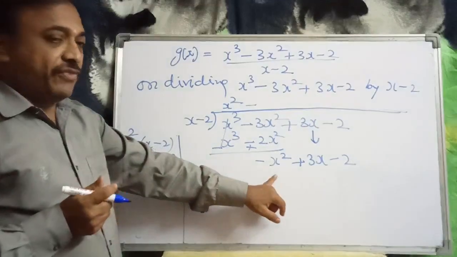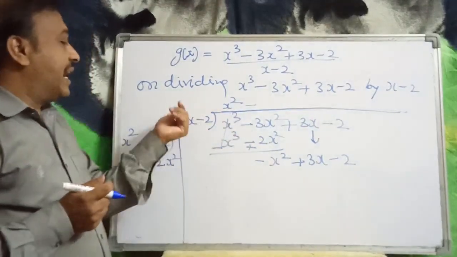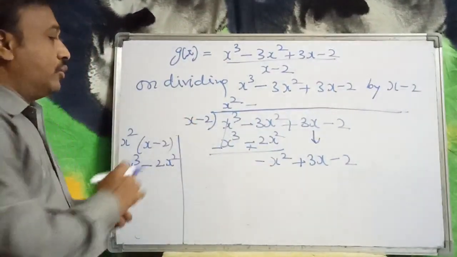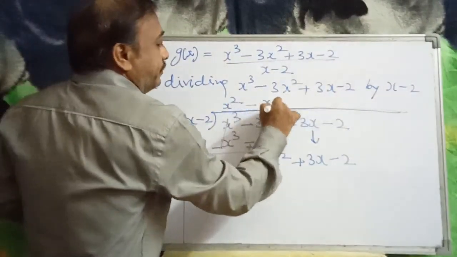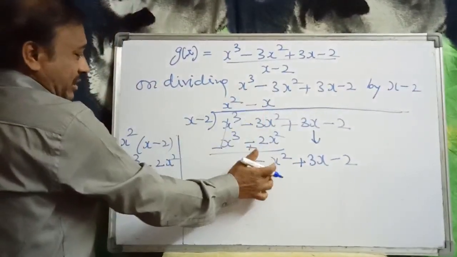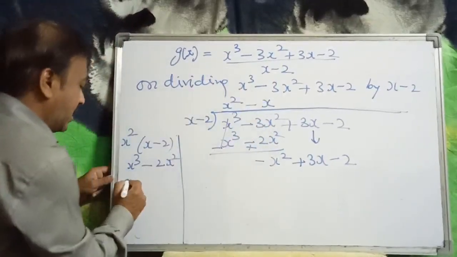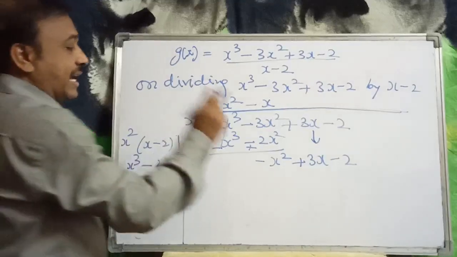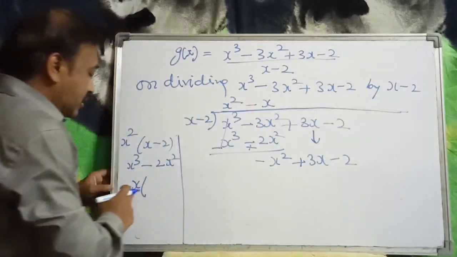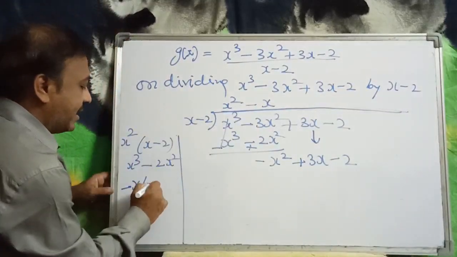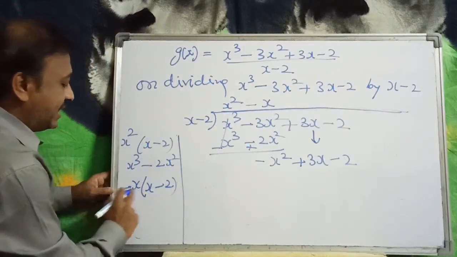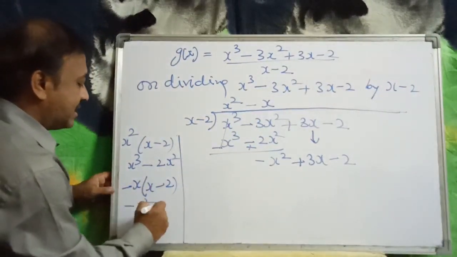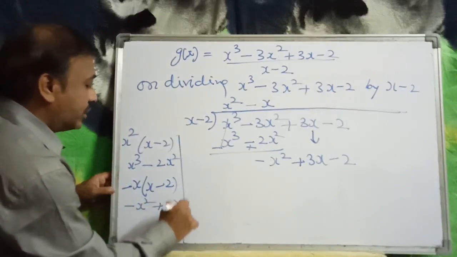Now here the first term is x square and here you have x. On dividing x square by x, you obtain x. This is minus, so we write minus x, including the sign. With minus x you multiply x minus 2: minus into plus, minus x square, minus into minus, plus x into 2, that is 2x.